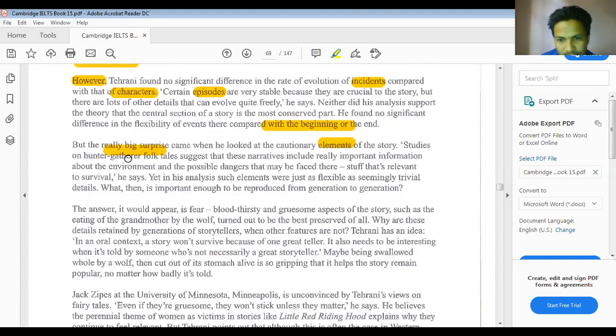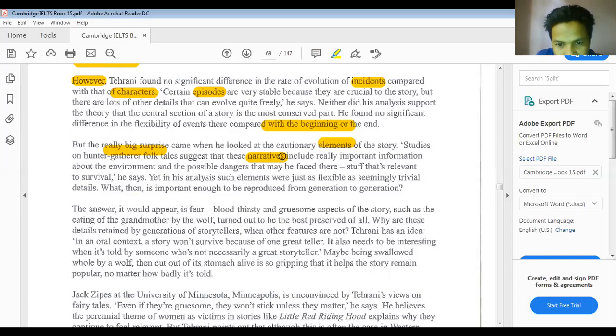When he looked at the cautionary elements of the story, studies on hunter-gatherer folktales suggest these narratives include really important information about the environment and possible dangers that may be faced there. Stuff relevant to survival. In his analysis, such elements were just as flexible as seemingly trivial details, then they were important enough to reproduce from generation to generation.